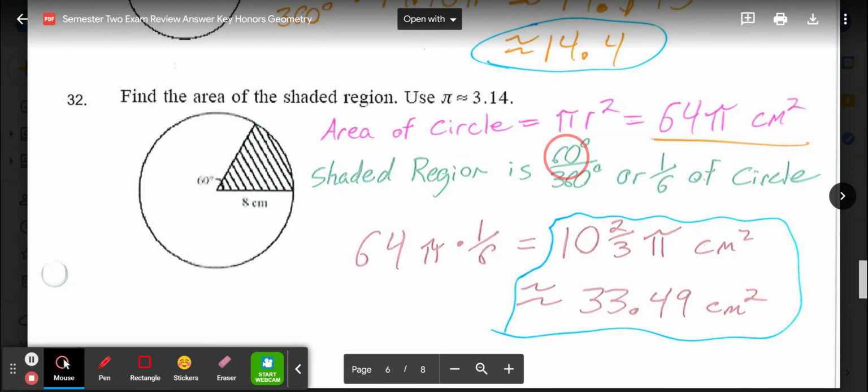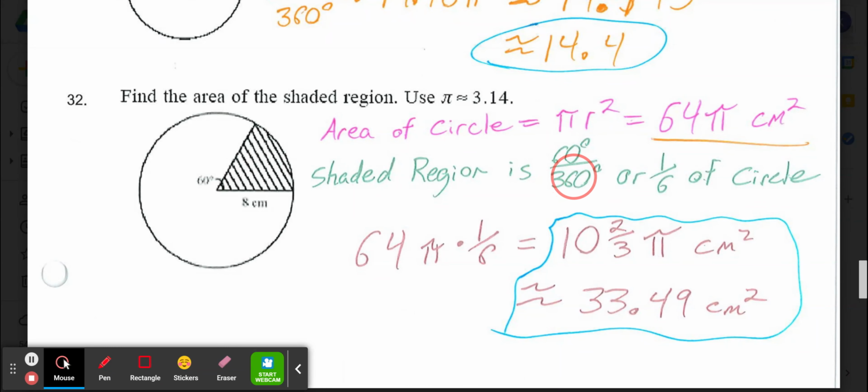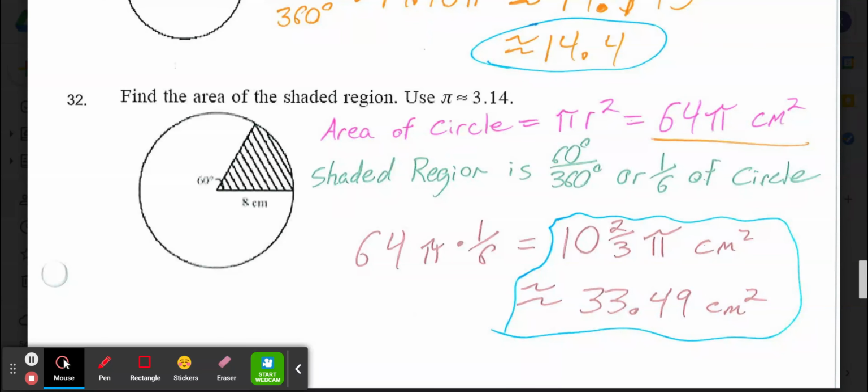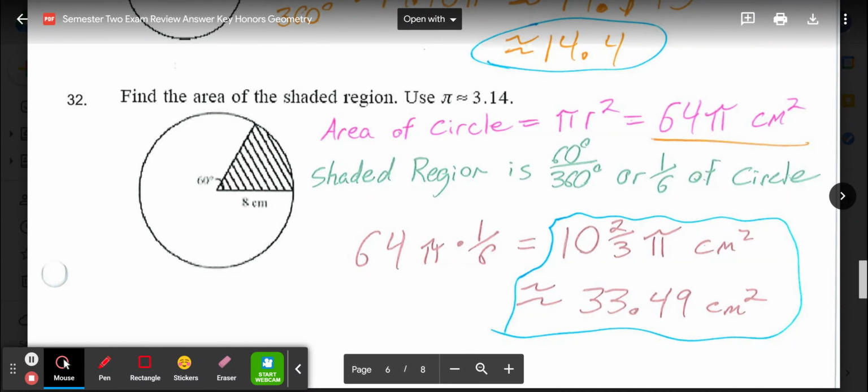The shaded region is 60 degrees of the 360, which would be 1/6 of the circle. So we would take our circle area, 64 pi, times 1/6, to give us the area of the shaded region, which is 10 2/3 times pi, or approximately 33.49 centimeters squared.